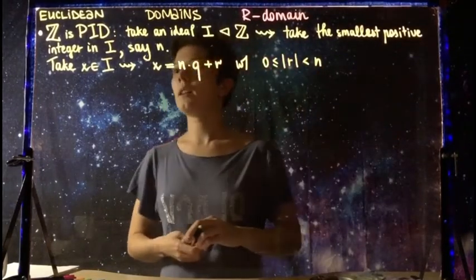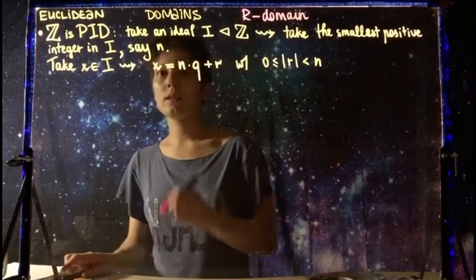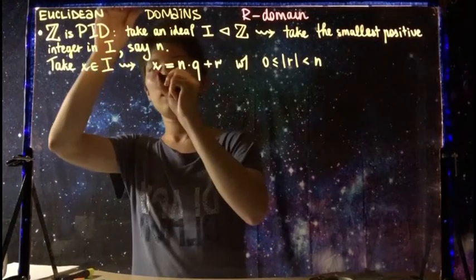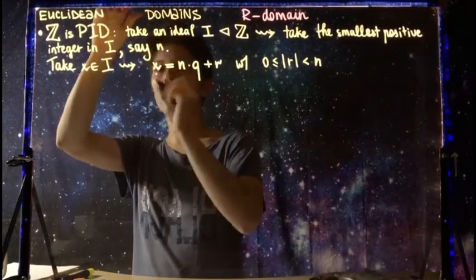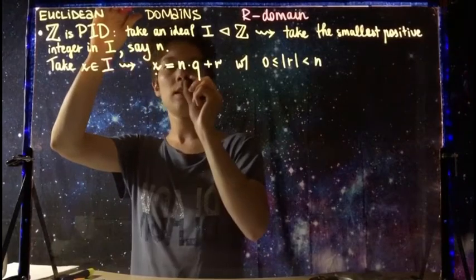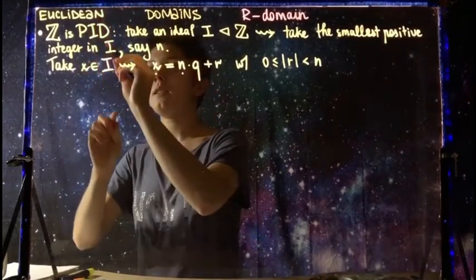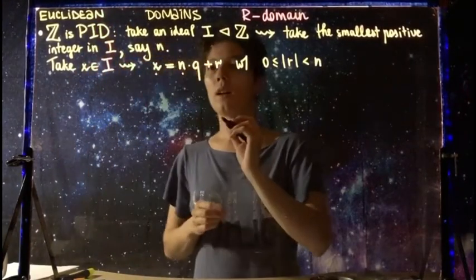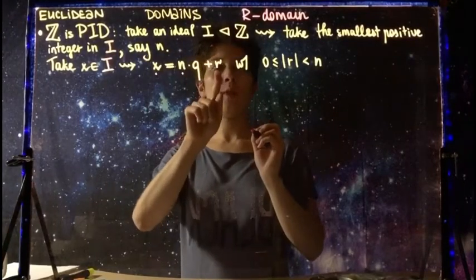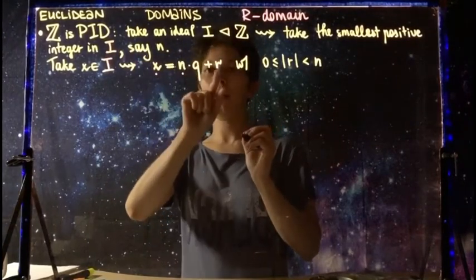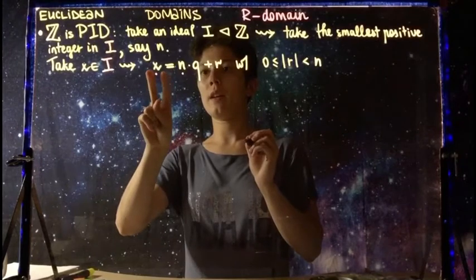And I said that since x is in the ideal and n is in the ideal, then r should also be in the ideal, being x minus nq.